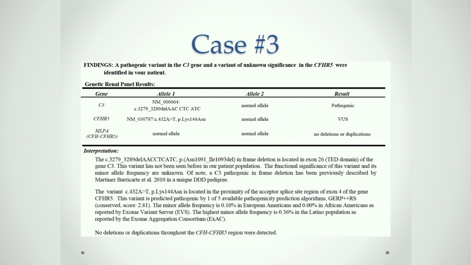She also had a complement factor H receptor 5 mutation that had not been seen before and was of unclear significance. So she had both a C3 mutation that was pathogenic in terms of its inability to stay stable, while also a complement factor H receptor that could also play a role pathogenicity-wise.